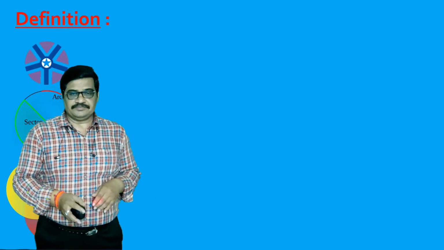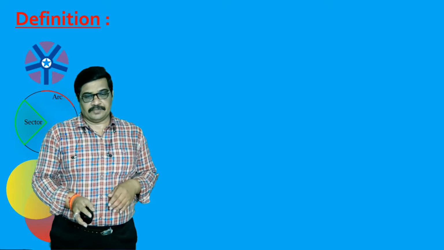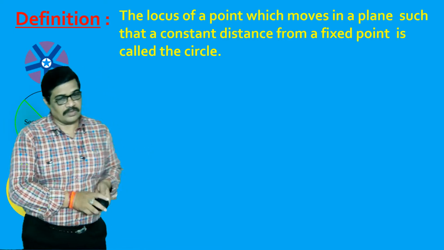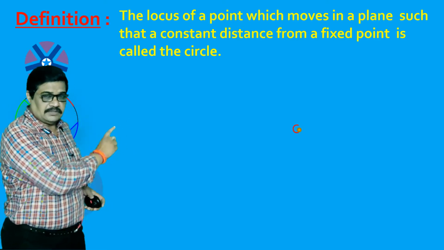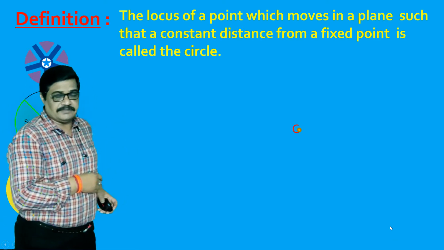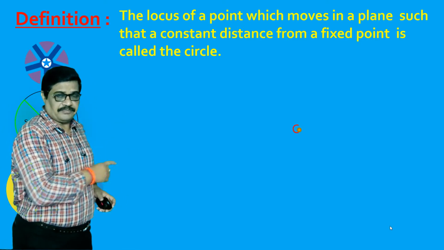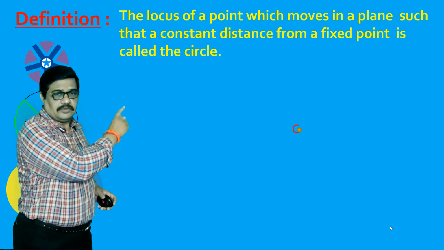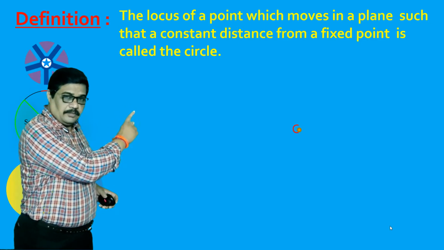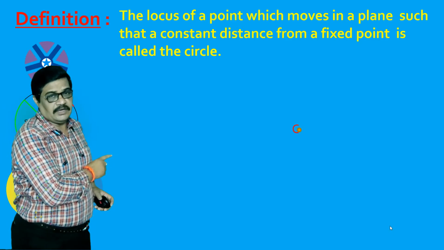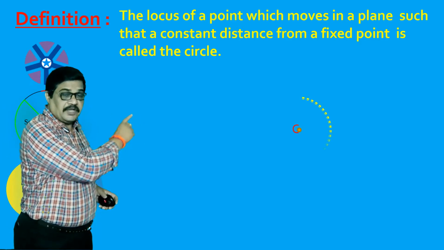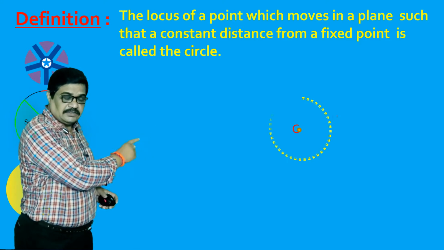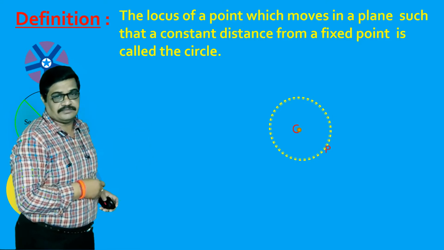See the diagram first. This is the center. This is the fixed point. Now a point P is moving on the plane such that it is at a constant distance from a fixed point.